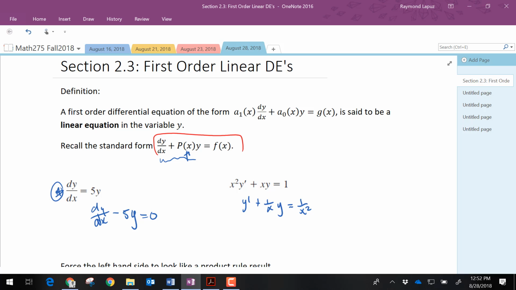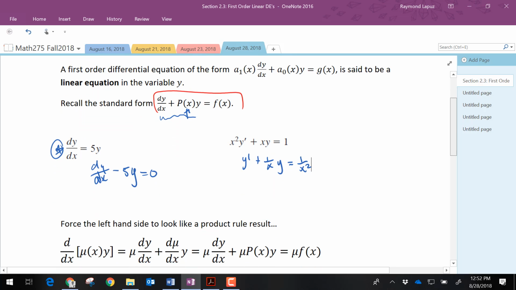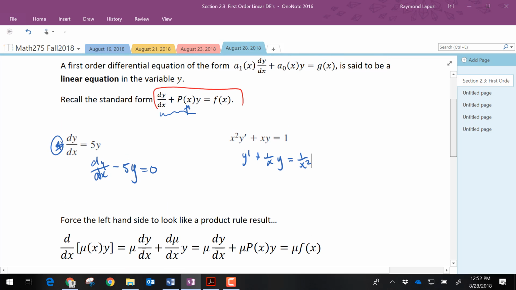All right, so what do we want to do with these types of differential equations? Like I said, we want to make the left-hand side look like a product of something. So for it to look like a product, let's introduce this new function mu, where mu of x times y is going to be the result that we want on the left-hand side, or the derivative of that.